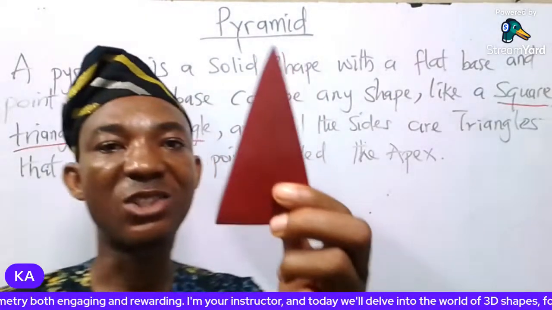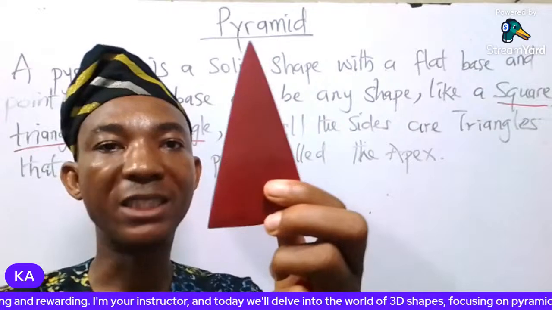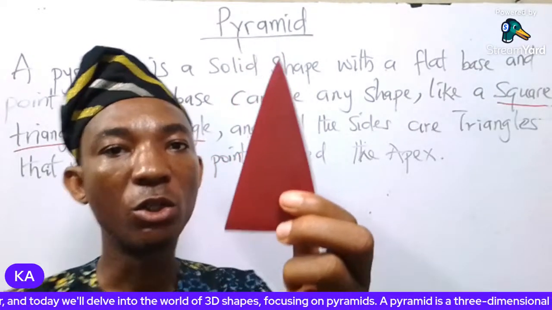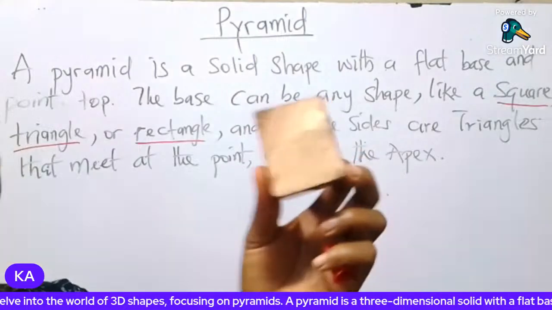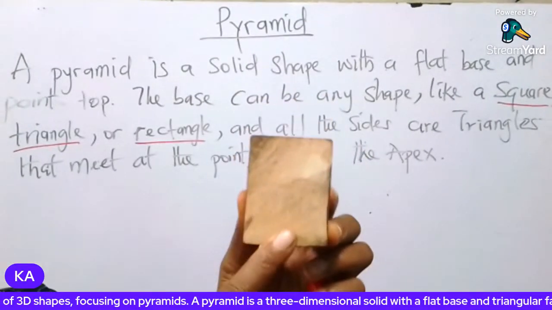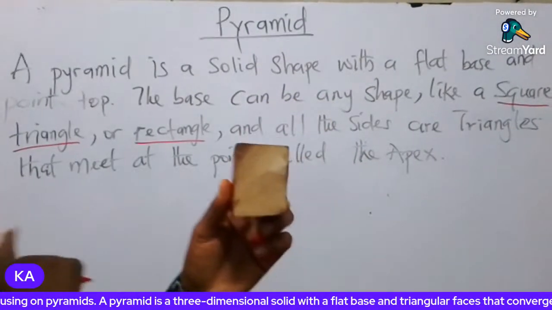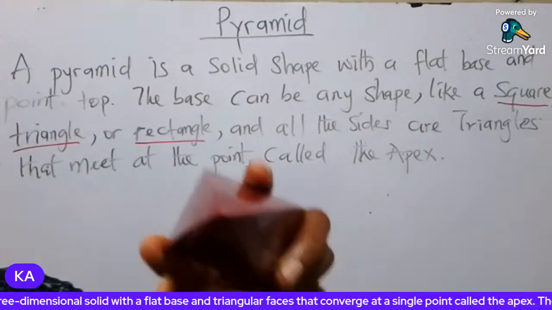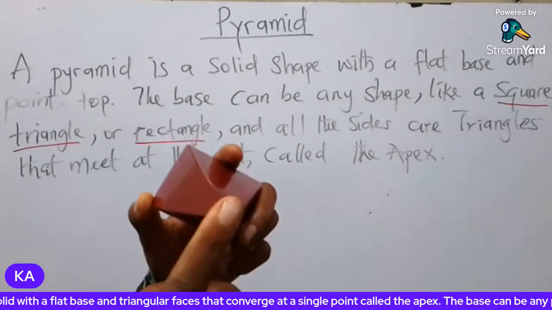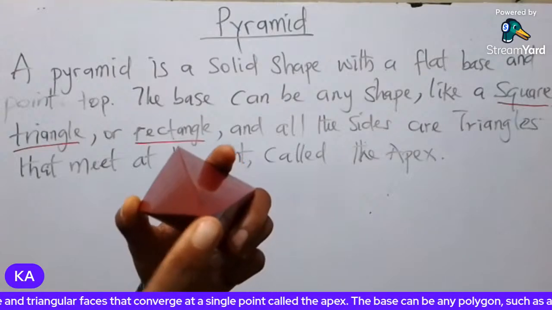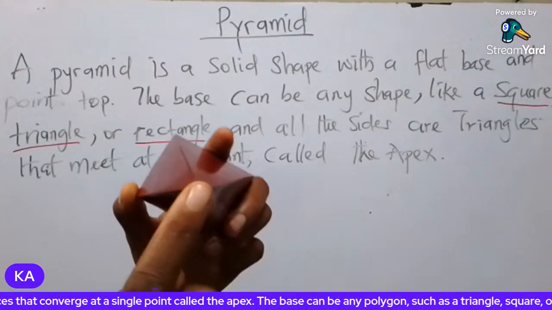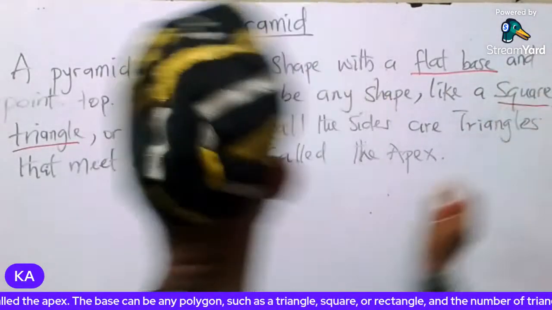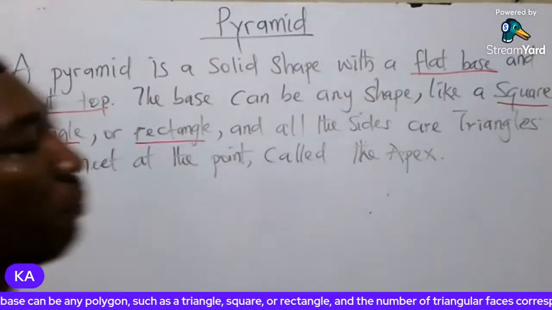Look at the solid shape with me, or the three-dimensional shape with me. You see that it has a flat base, and that flat base must be traced to a point top. Can you see the point top here? Yes. Two conditions. It must have a flat base and a point top.